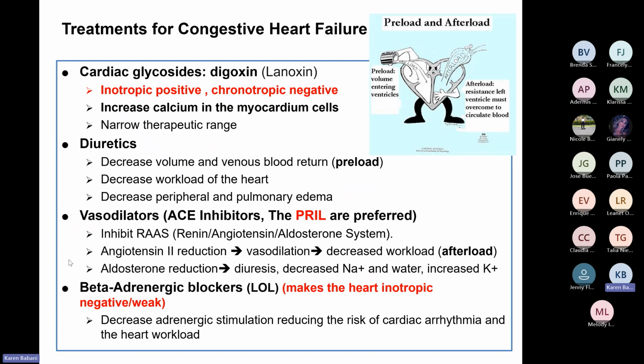And the right-sided, we talked about it. Organs are the ones that get big: hepatomegaly, splenomegaly, ascites, vomiting, nausea, weakness, weight gain, the jugular vein distension, and their CVP, which is the central venous pressure, is going to be elevated.